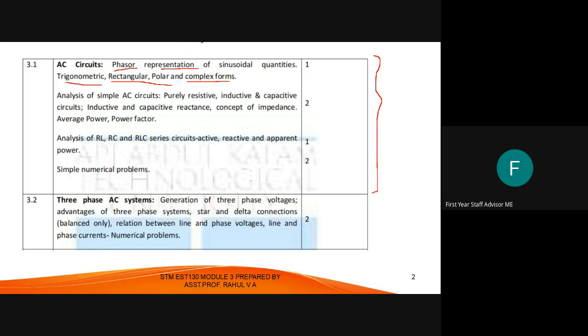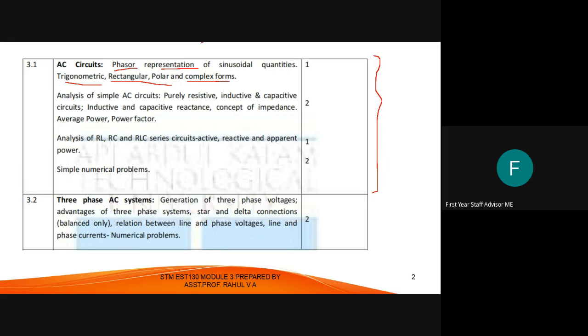So for addition and subtraction, rectangular or Cartesian coordinate system is better. For multiplication and division, polar coordinate system is better. If both are in rectangular coordinate system, then you can add the real axis and then you can add the imaginary axis.